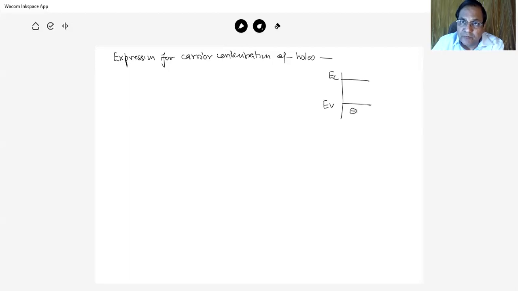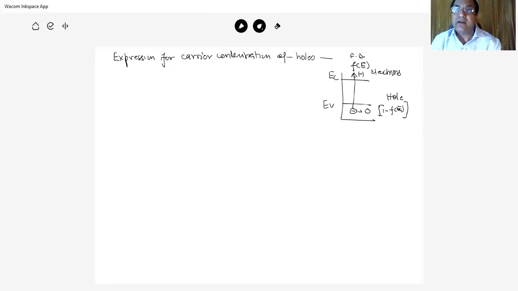Once an electron from the valence band leaves to the conduction band, the function of the electron follows the Fermi-Dirac distribution, and this is converted into the hole function, 1 minus f of E. So this is the hole function, and the rest of these things are similar.